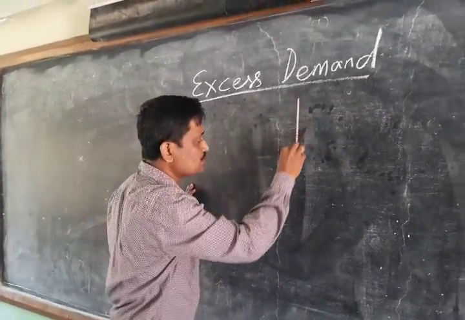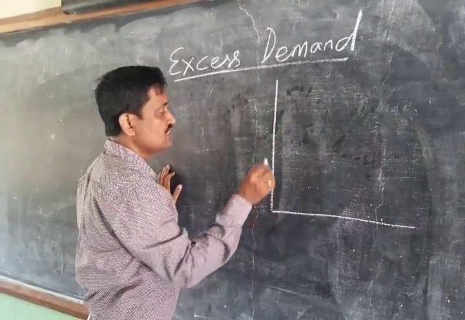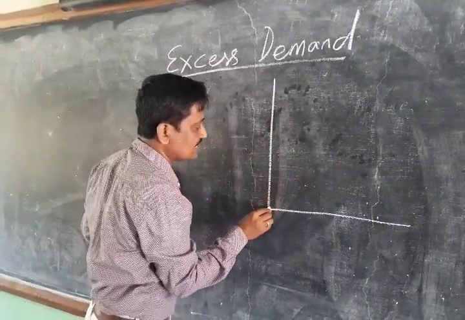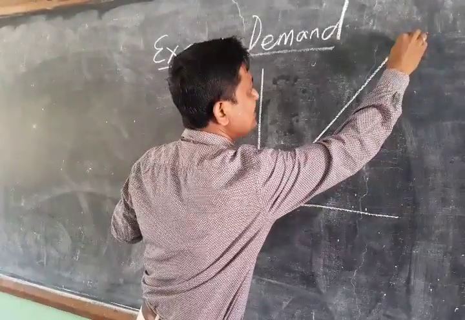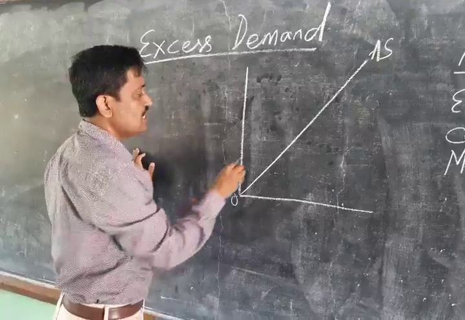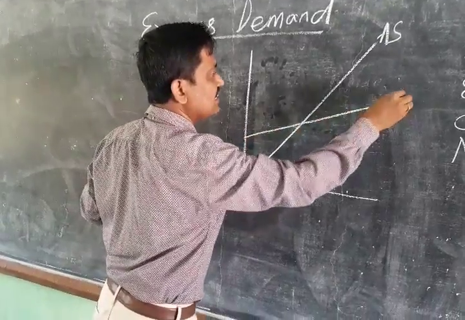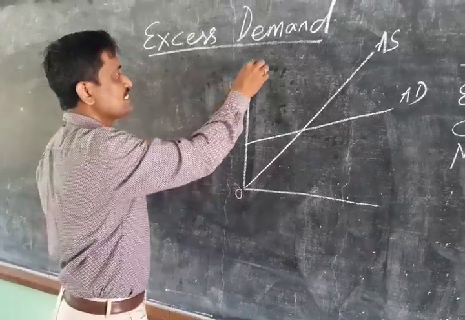This can be explained with the help of a diagram as given below. We know as per the Keynesian theory, aggregate supply starts from the origin and aggregate demand starts from the y-axis.